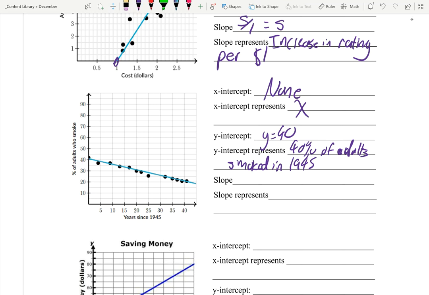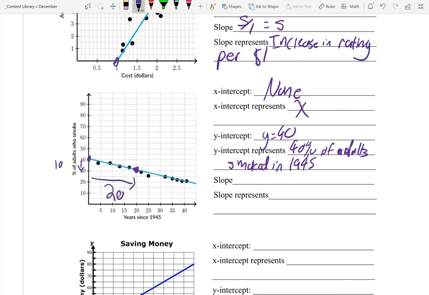And then let's look at our slope. Assuming that was 40, let's pick a different one. Let's pick that 20. So 20 years go by and about a 10% decrease in smoking, roughly. It's an eyeball. But it looks like it's going down 10% over the course of 20 years.